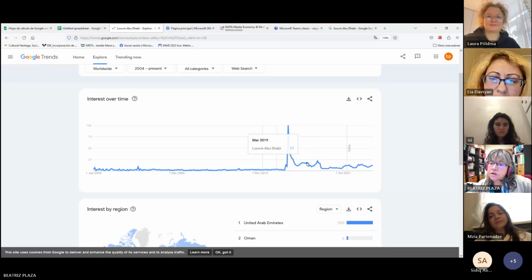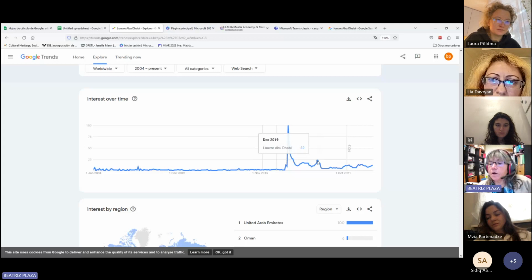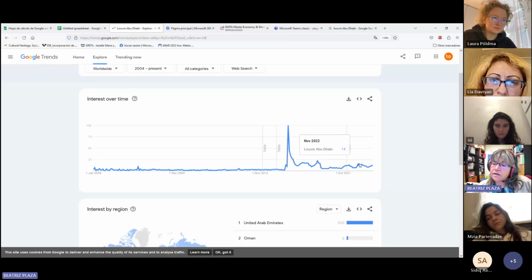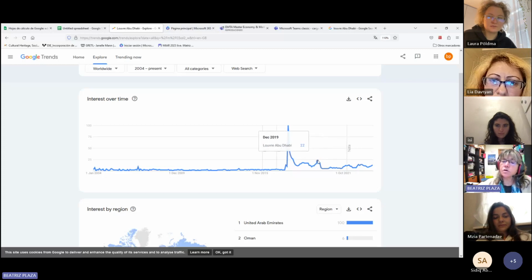So probably the peaks each year would be in November or December. Here, the peak is in November. Here, the peak is in December. So the maximum number of visitors each year is in November, December, because summertime is too hot in Abu Dhabi.